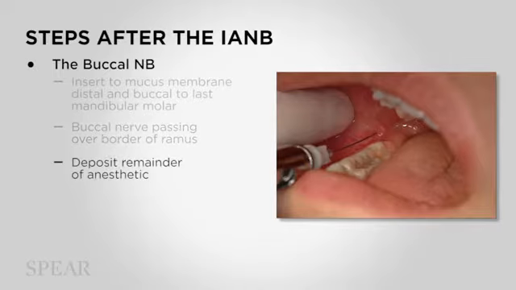This will give you soft tissue anesthesia anterior to that injection site, down to the mental foramen. So in theory, giving the IA block and the buccal nerve block should give you profound anesthesia of the entire quadrant. Unfortunately, this injection is more painful than the inferior alveolar.